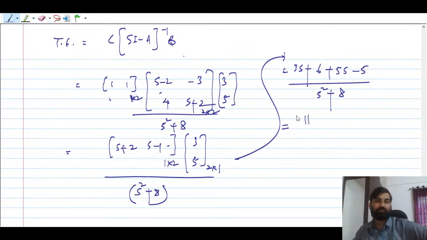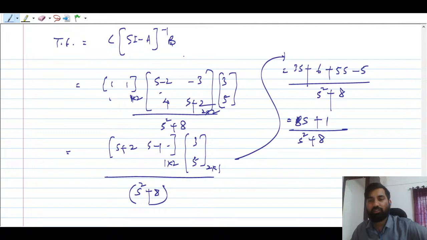If you further solve this, you will get 8s plus 1 upon s square plus 8. So this is the transfer function that you are going to get.